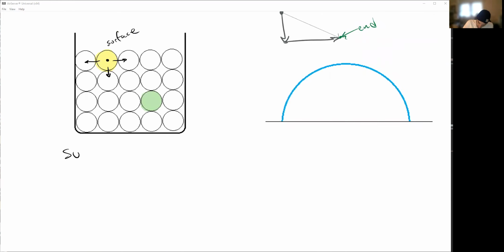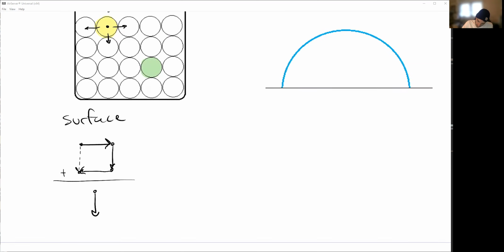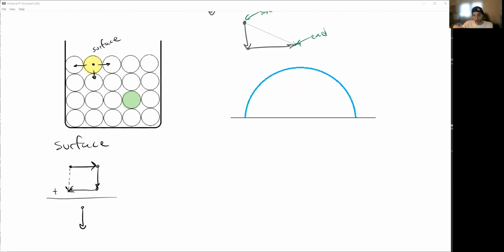So if we look at the vectors of this, the one on the surface is being pulled to the right, is being pulled down and is being pulled left. So the end result is, when I add those vectors up, I have a net downward pull, net downward force on that surface molecule, okay? So all of these on the surface are being pulled down.